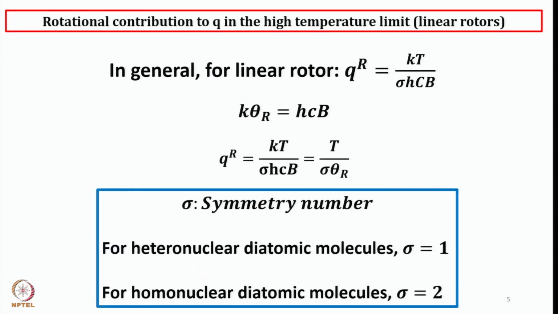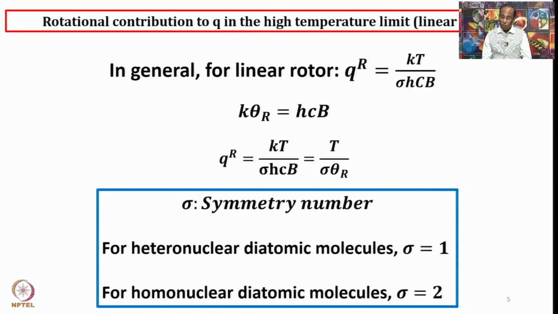All right. The translational contribution to the partition function we already discussed in the previous lecture. But when the molecule is a diatomic... if the molecule is monatomic, it will have only a translational degree of freedom. It may also have an electronic contribution, but usually the electronic energy levels are far separated, so that contribution is nearly 1.